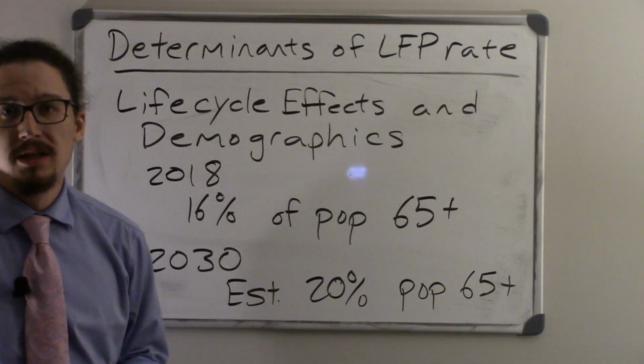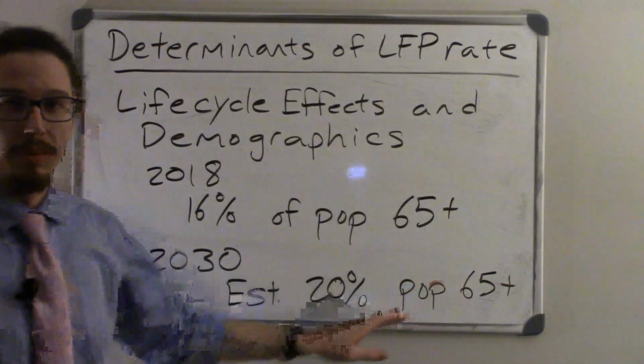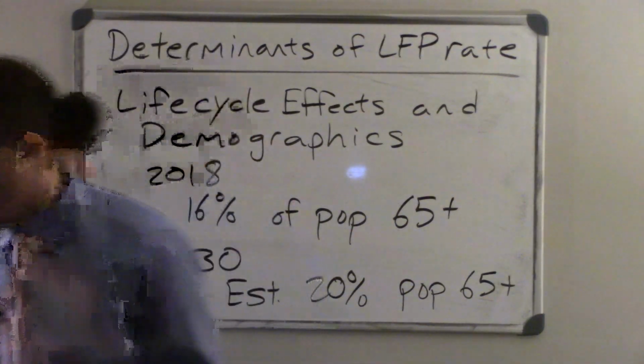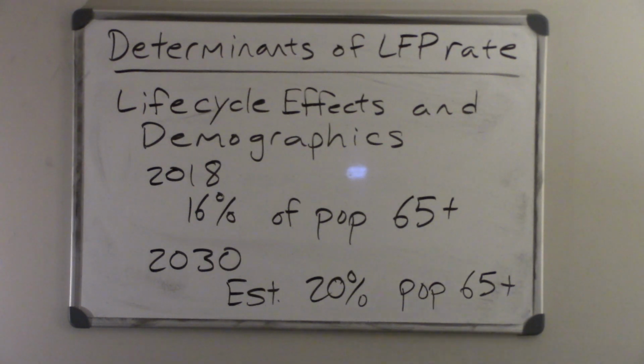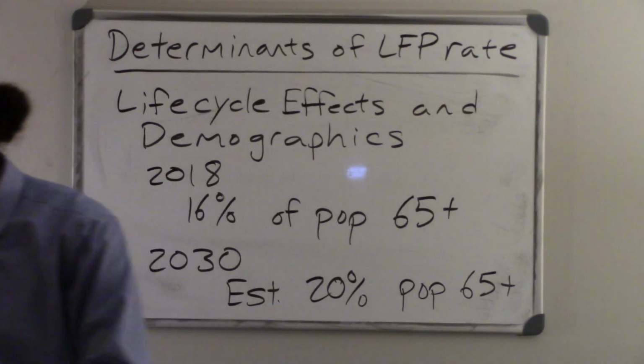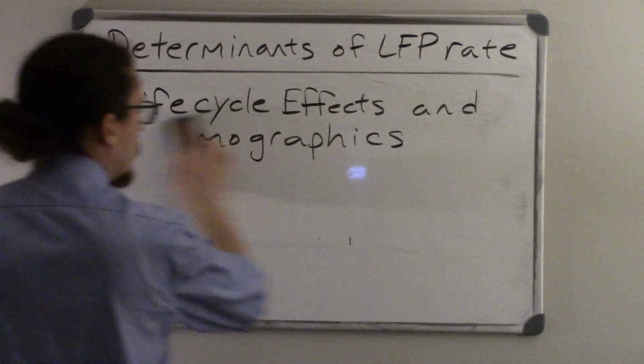So we can probably expect to see a decrease in the labor force participation rate going forward as more baby boomers begin to retire and take up a larger portion of the population. That's one of the determinants of the labor force participation rate.